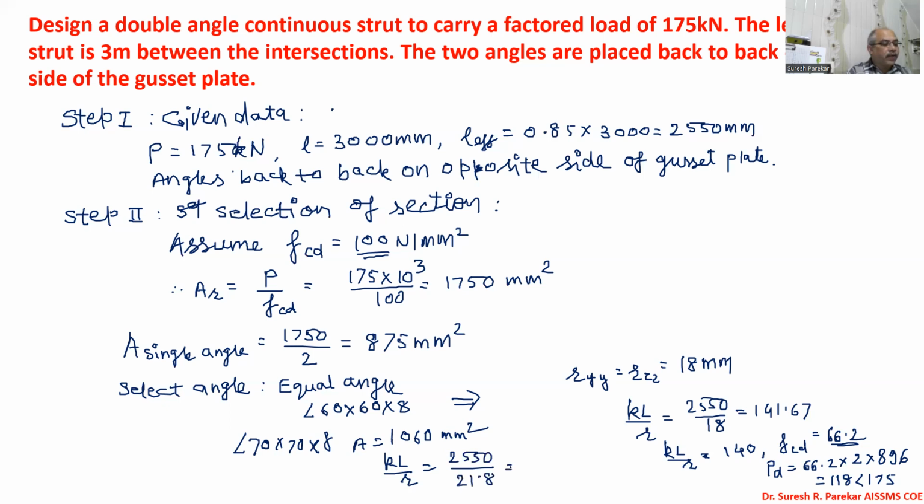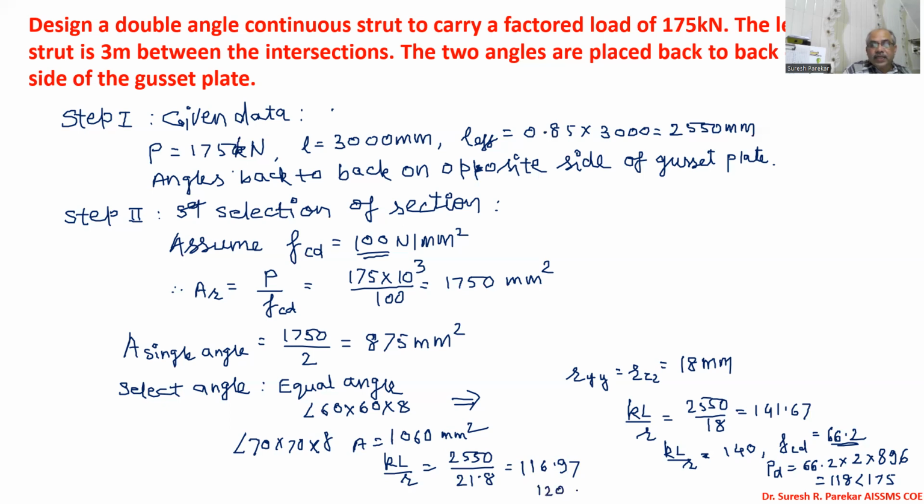So 2550 upon 21.8 is 116.97. I will consider 120, and the value for 120 comes 83.7.